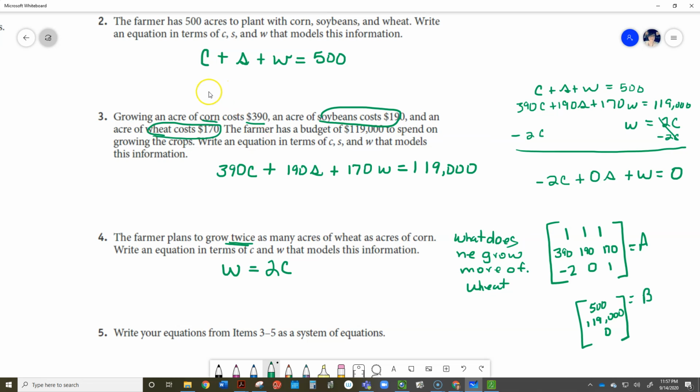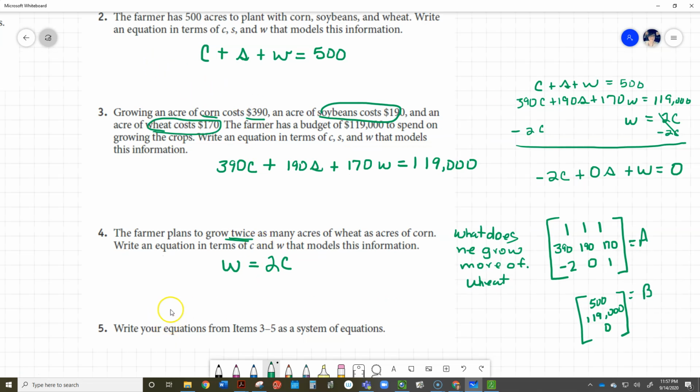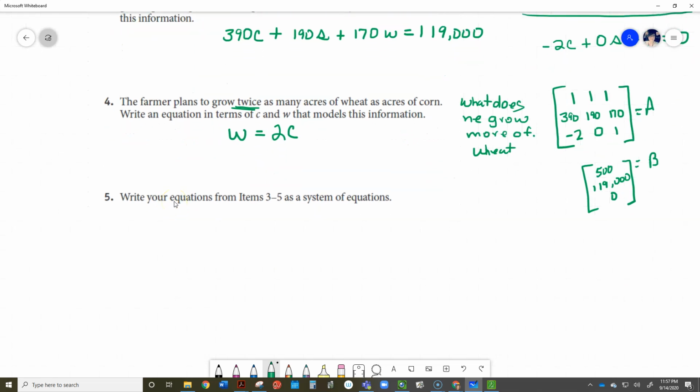Okay, so you should be able to see that this is actually writing all three of them together. Corn plus soybeans plus wheat equals 500. 390 corn plus 190 S plus 170 wheat equals 1,119,000.